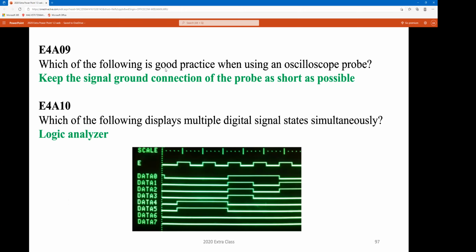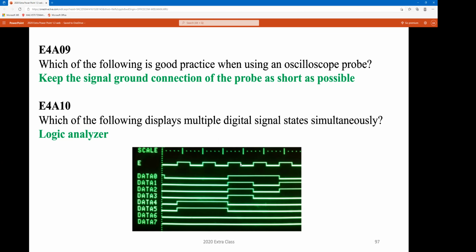Which of the following is good practice when using an oscilloscope probe? Keep the signal ground connection of the probe as short as possible. And then referencing that photo, which of the following displays multiple digital signal states simultaneously? That's a logic analyzer.